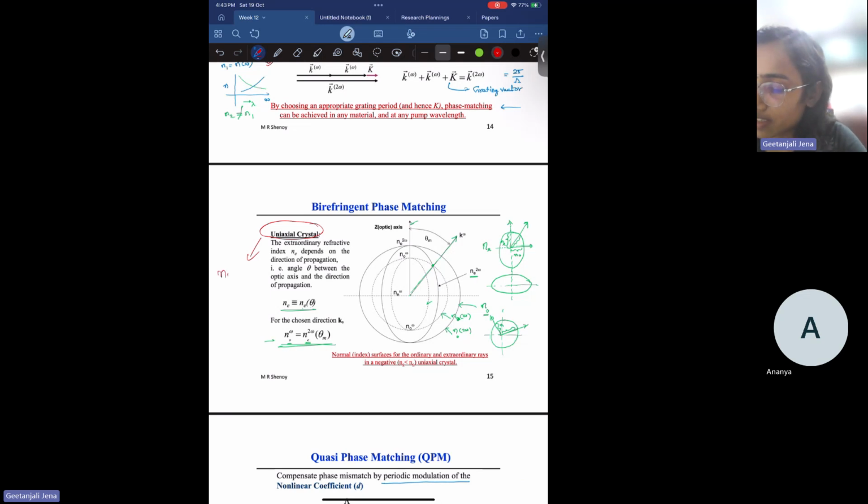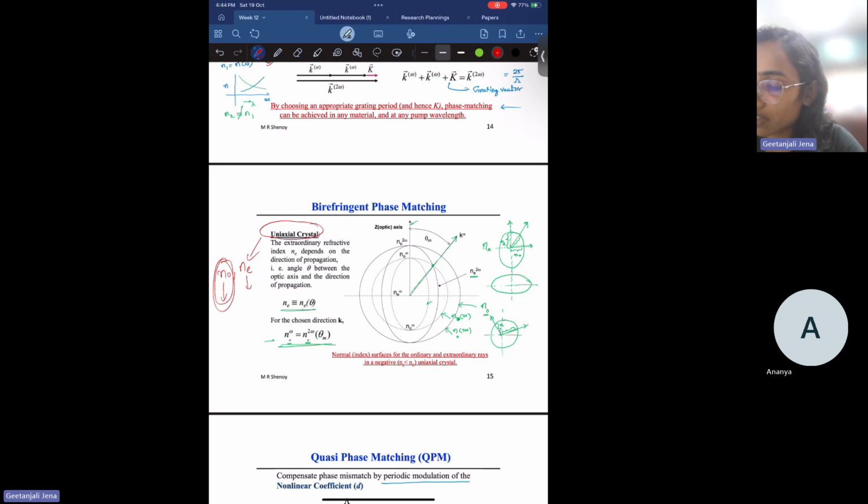There are two: one is N0 and one is Ne, the ordinary refractive index and the extraordinary refractive index. Ne depends on the direction of propagation, and N0 doesn't depend on the direction of propagation. That is why if you plot the index surface for N0, you will see a circle for the ordinary refractive index. That means the refractive index is the same in all directions.